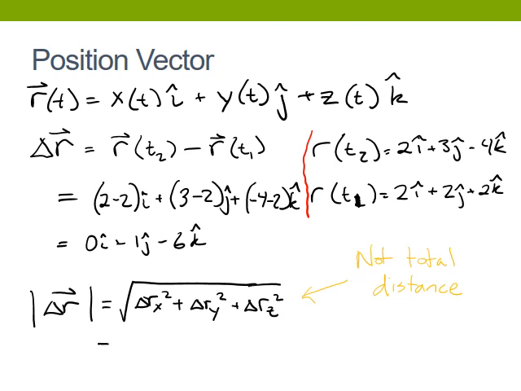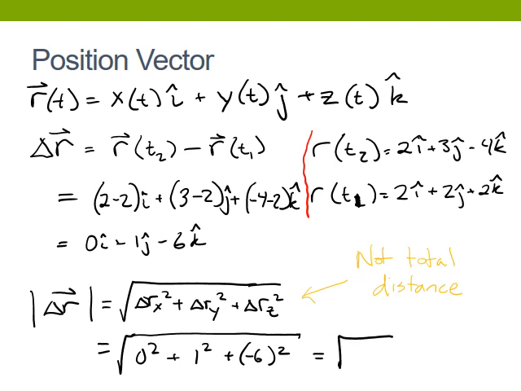So in this case, I would get the square root of 0 squared plus 1 squared plus minus 6 squared. Remember that I would square the minus. Then I would end up with a distance of, let's see, 6 squared is 36, so square root of 37. That would be my distance for this vector.